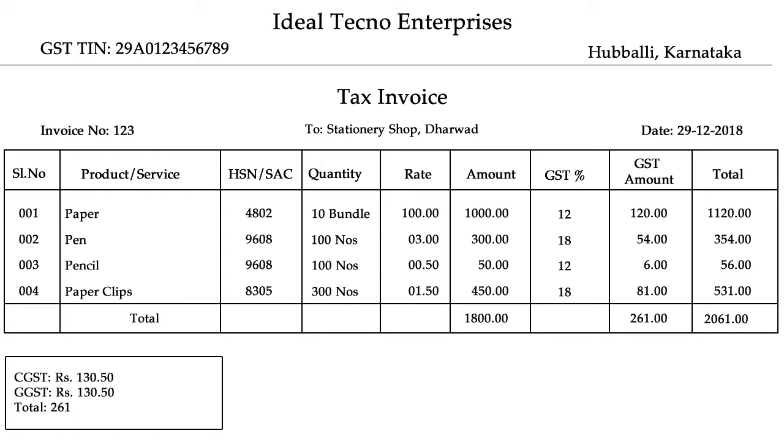Similarly, you purchase a pen, pencil and a paper clip, and HSN code is always mentioned in the tax invoice. So the total amount is 2061 rupees and total GST amount is 261 rupees.